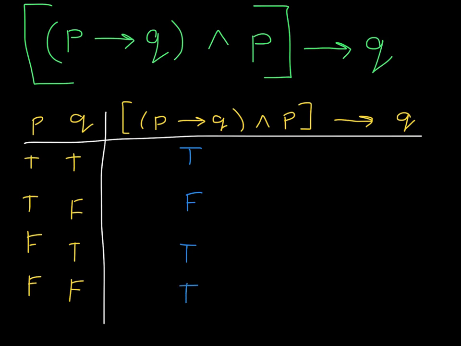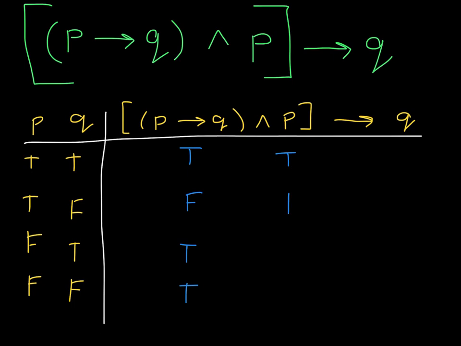I don't feel the need to copy down these truth values for P or these truth values for Q. They're right here, so I can just reference my P and Q. I will copy down my P values here, just to be really clear.